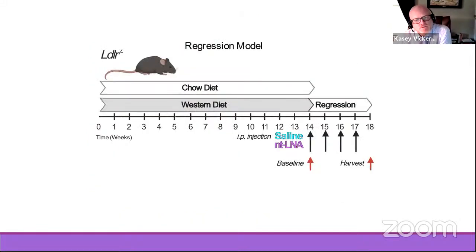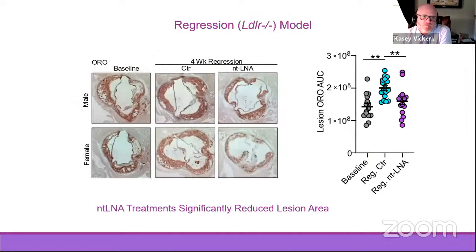So we then switched to a regression model where we fed LDL-R mice a Western diet for 14 weeks, and then we would convert them to the chow diet and inject weekly with either saline or LNA. We had both male and female mice, and we found that the LNA blocked the additional growth of the lesions.